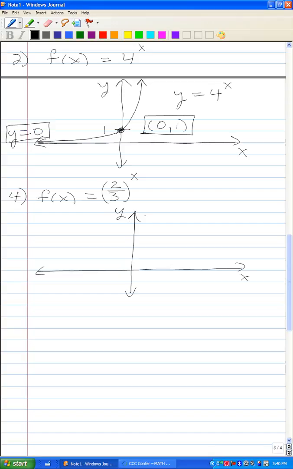We have something looking like this. So y equals 2/3 to the power x.